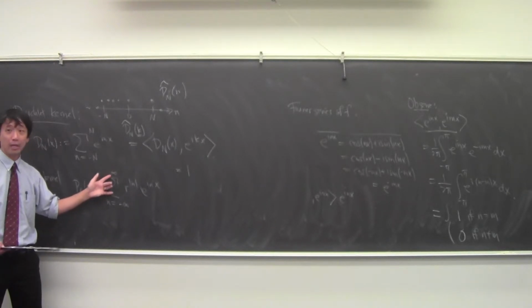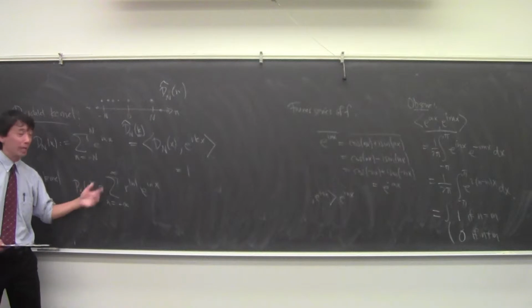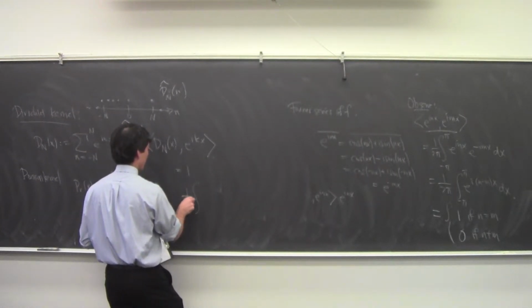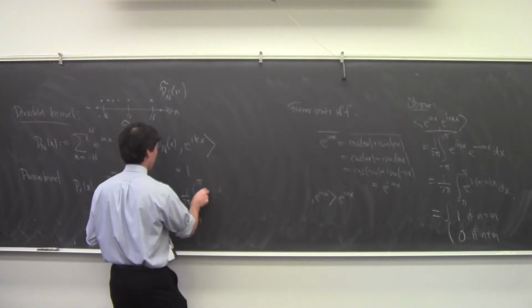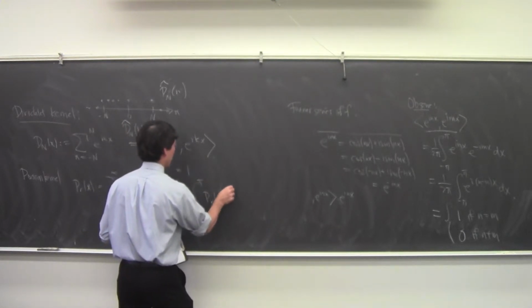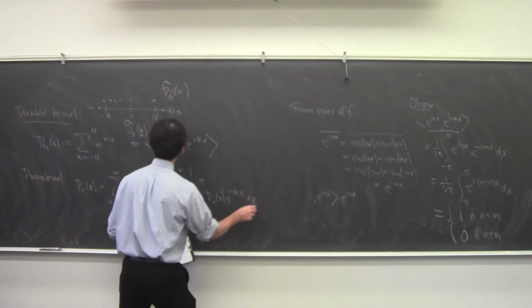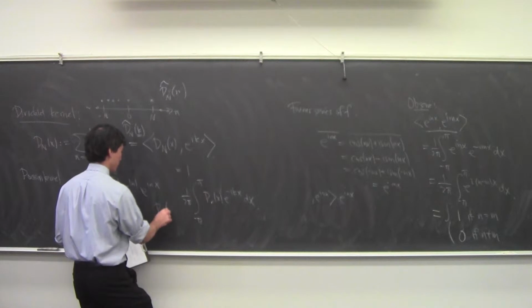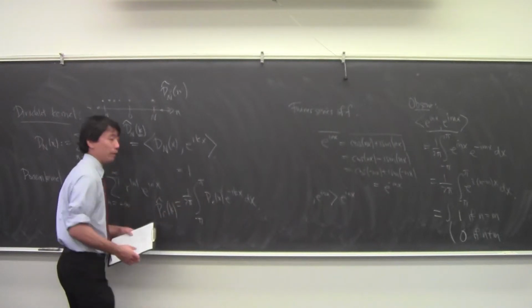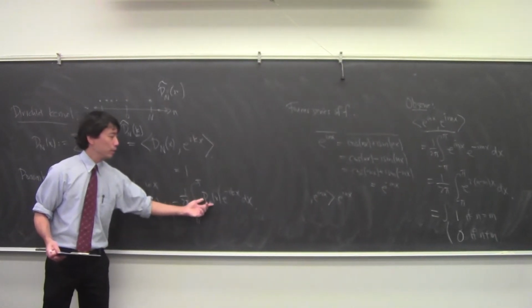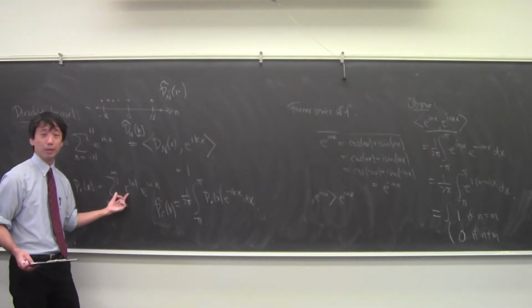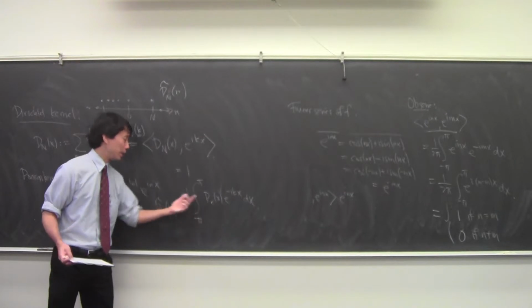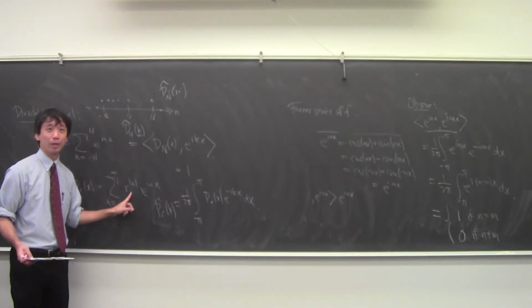But I don't know if I can pull that sum through the integral. To get the kth Fourier coefficient, I need to take the integral from negative pi to pi of P_r of x times e to the negative i k x dx. So if I could slide the integral past the infinite sum, then I could just read it off just like before.